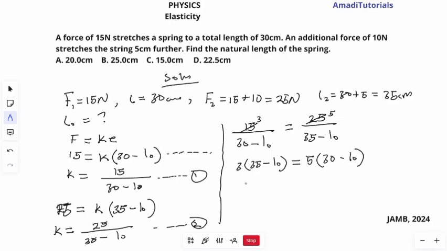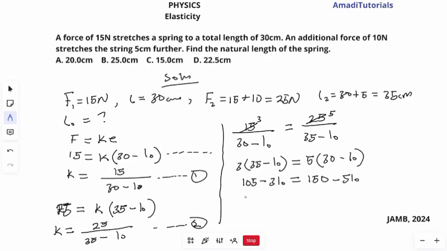Okay, so 35 times 3 is 105. As we open the bracket, 105 minus 3L0. 5 times that will be 150 minus 5L0. So you collect like terms.